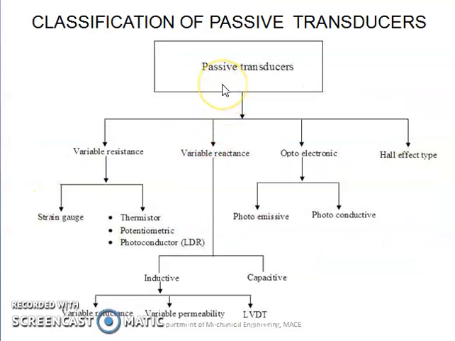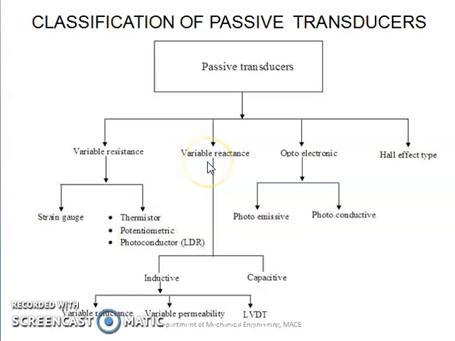The passive transducers can be further classified as shown in this chart, that is variable resistance, variable reactance, optoelectronic, Hall effect type, etc. And they can be again further classified, like variable resistance can be classified into strain gauges. Then another category is thermistor, potentiometer, photoconductor or LDR.